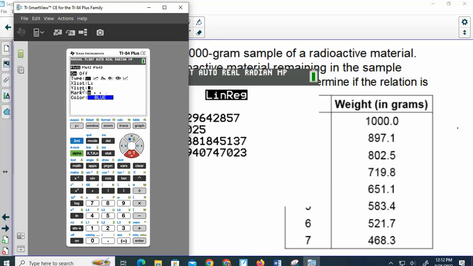So on the Y list, you need to go to second, stat, and number 7 here is residuals. So everyone find the one that said residual, number 7. Okay, so then if we go zoom number 9, what do we see here?